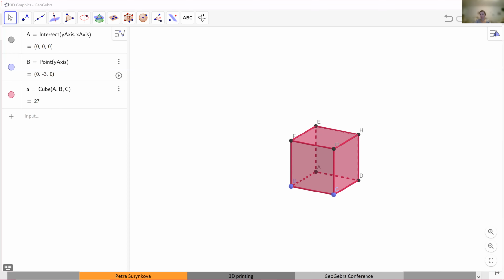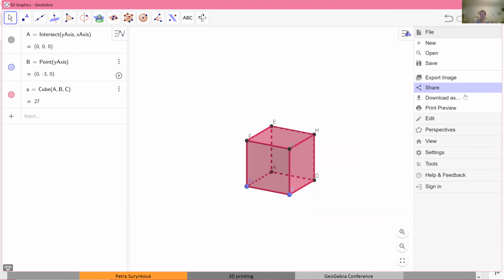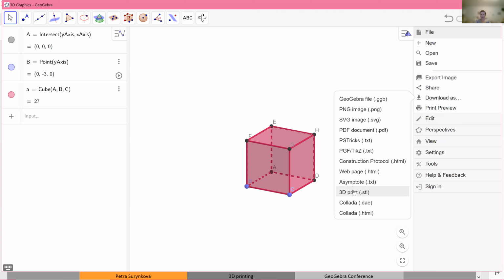Now if I have a model, I can just download it in STL format, which is a format where the information about the model is saved. It's like a triangle mesh, which is representing the model.